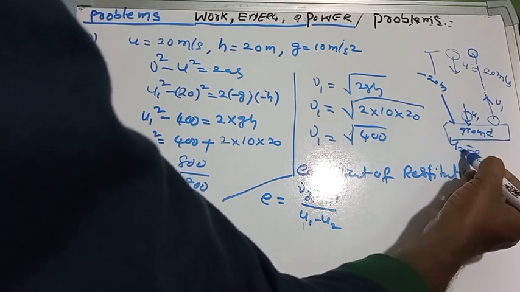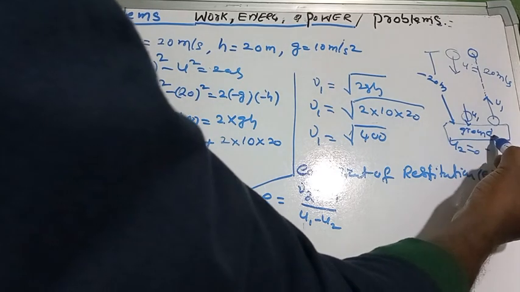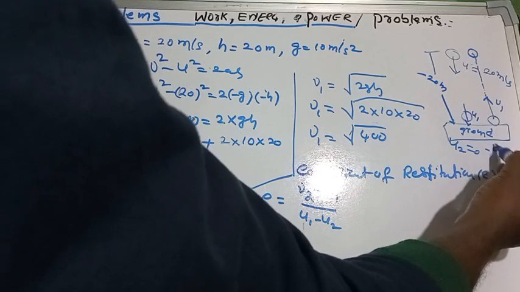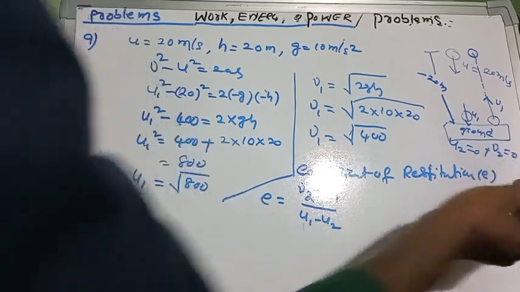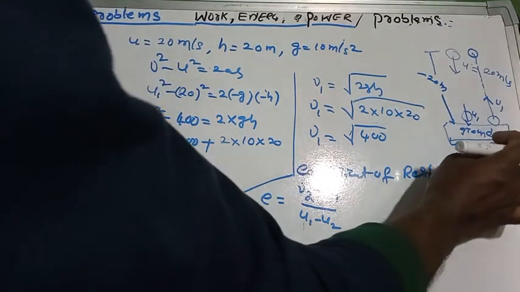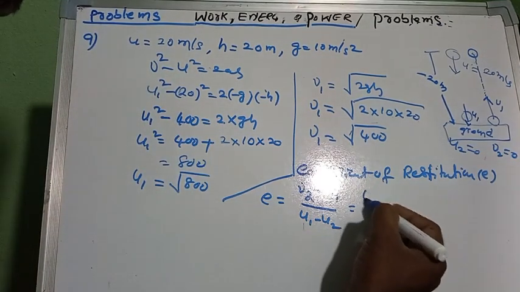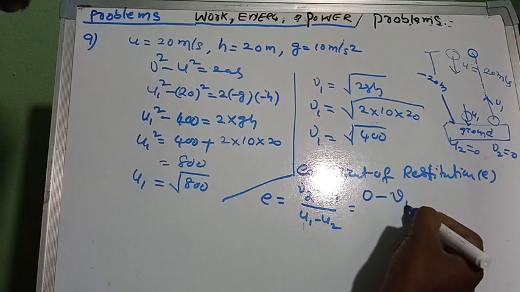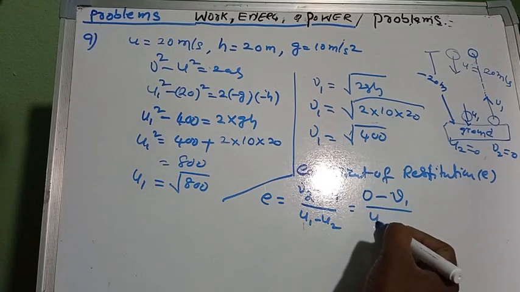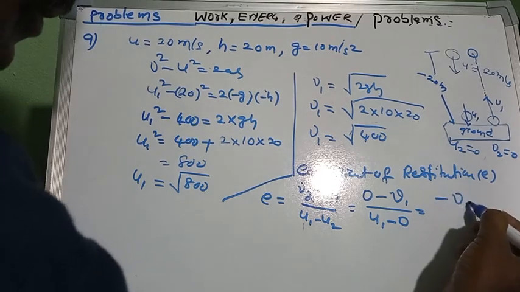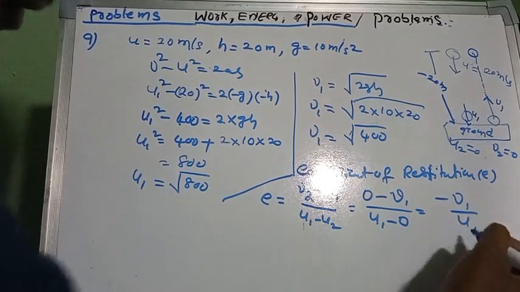After collision, the velocity of the ground is v2. In both cases it is equal to 0. So it is equal to 0 minus v1 by u1 minus 0, and that is equal to minus v1 by u1.